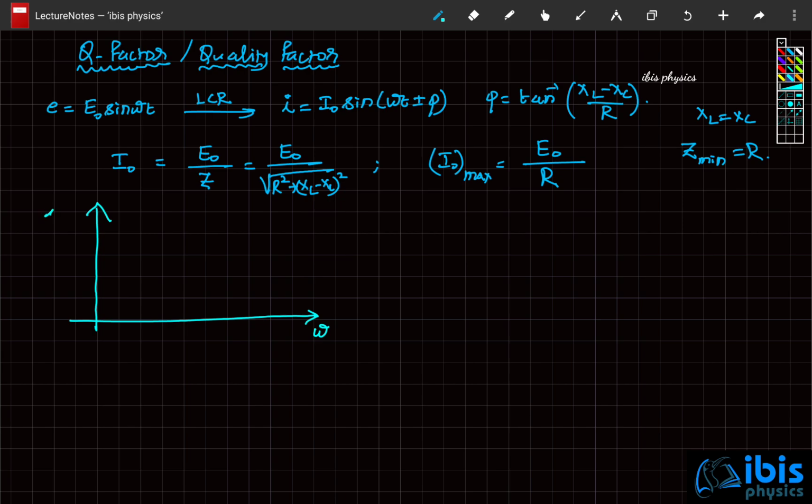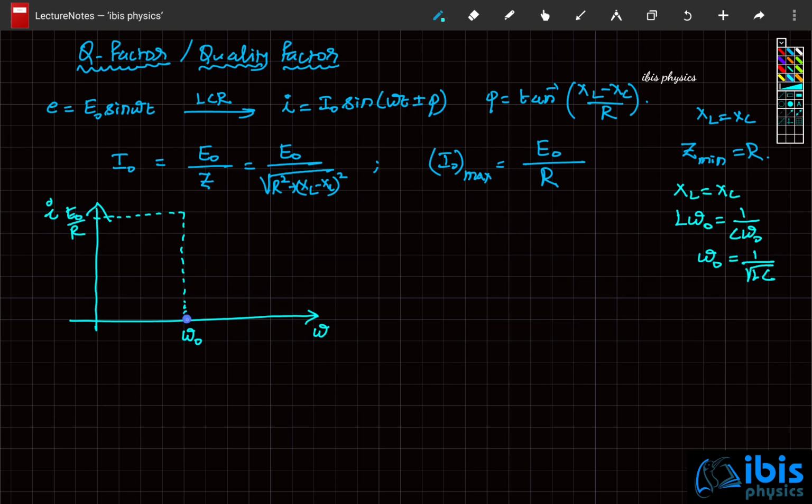When XL is equal to XC, we know that L omega naught equals 1 by C omega naught. So omega naught is equal to 1 by root over LC. When the frequency is omega naught, the current is the maximum, and that maximum value we know is E naught by R.